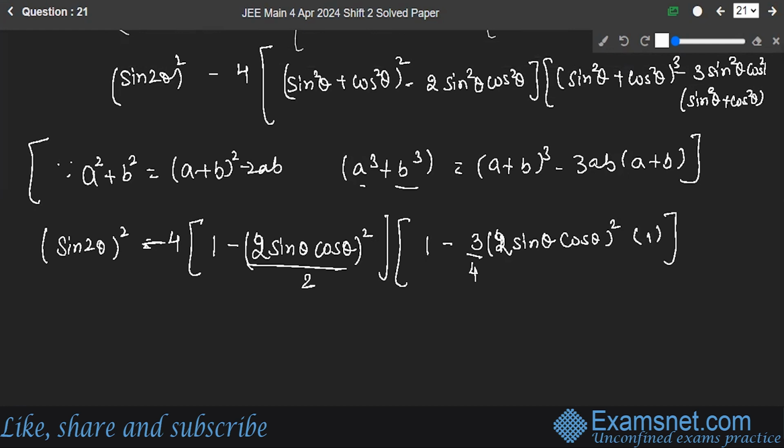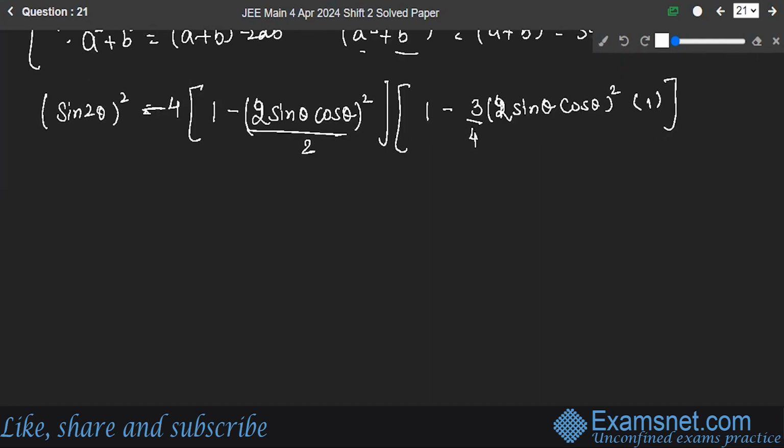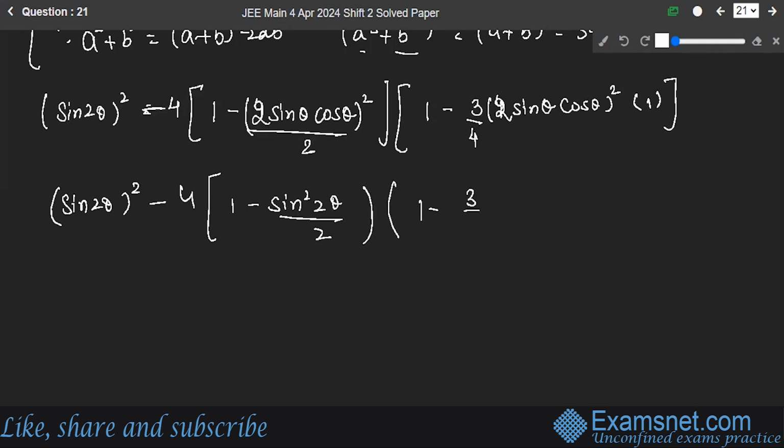Okay, so this is sin 2θ whole squared minus 4 into 1 minus sin²2θ upon 2, into 1 minus 3 by 4 sin²2θ. Right, now here the discriminant needs to be greater than 0. We just talked about it. This was our discriminant and it needs to be greater than 0.